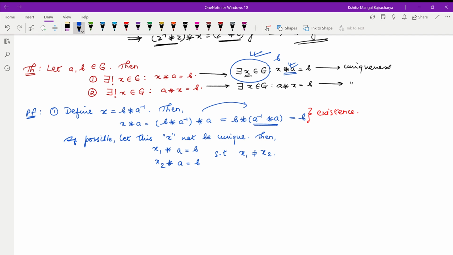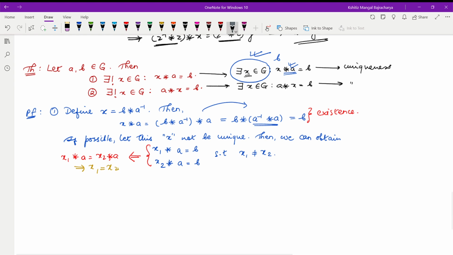Okay, we can obtain something like this. So from here what can we say? X1 star A is equal to X2 star A, and by the right cancellation law we can get X1 is equal to X2.